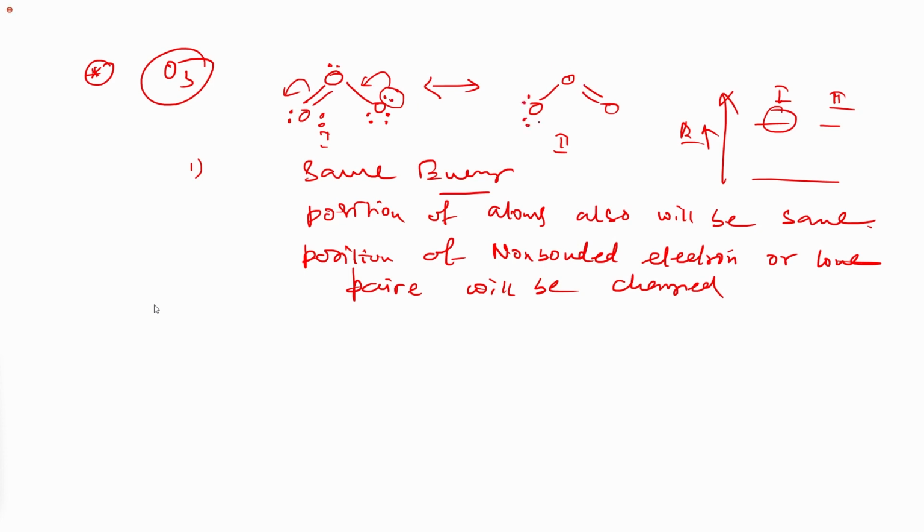Here there are now two lone pairs, whereas before there were three. So the positions of the lone pairs and the bonded electrons change, but the positions of the nuclei always remain the same.